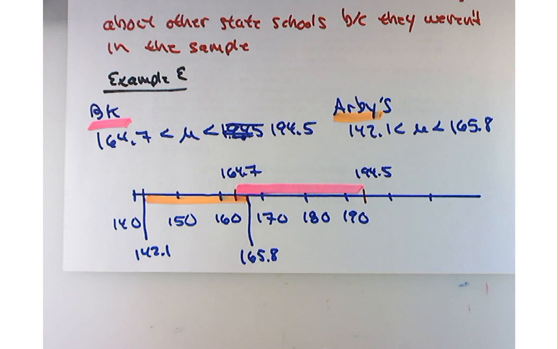Or the confidence intervals for the two restaurants do not overlap, so there does not appear to be a significant difference between the mean dinner times at the two restaurants. Or finally, the confidence intervals overlap so that there does not appear to be a significant difference between the mean dinner times at the two restaurants.